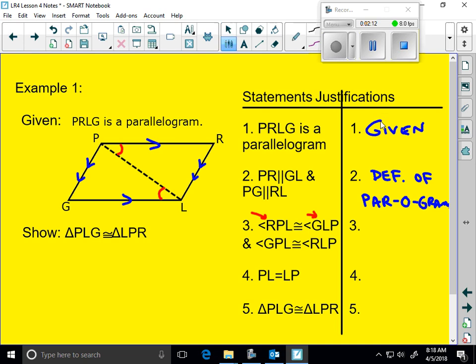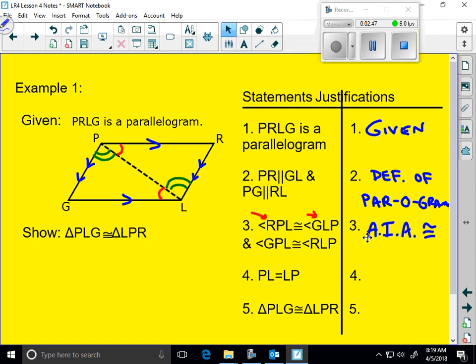Same thing with GPL and RLP. What would be a good justification for that one? Okay. So I would be just fine with you writing alternate interior angles congruent. That would be a good justification there.